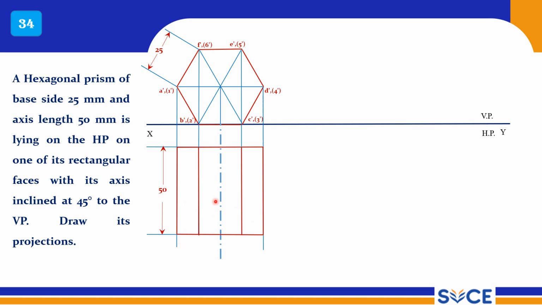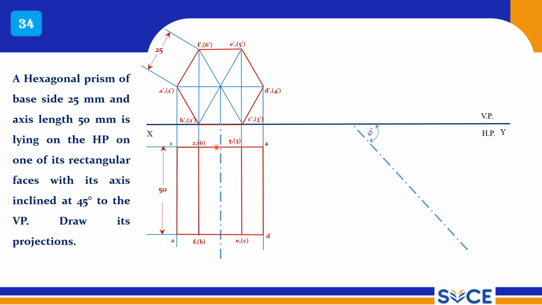So now you are going to tilt this top view to 45 degrees to VP, so you have to reproduce this view. So draw a line here. Give the notations in simple top view, draw the axis line, and at 45 degrees now reproduce this view here.